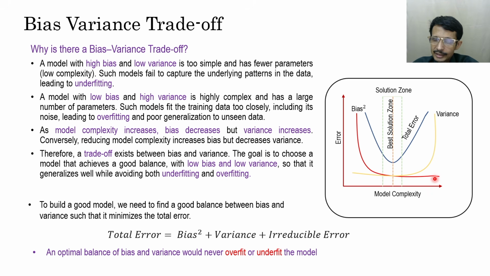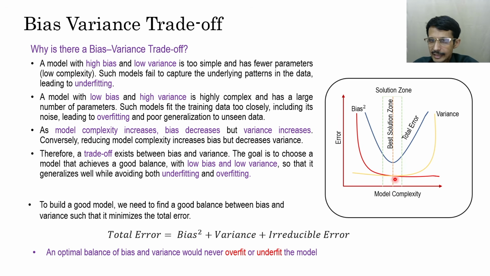That means the model captures the training data. On the other hand, if model complexity is too simple, variance is low, and with higher model complexity, variance is increasing. The question is, where is the best zone for our ideal model?